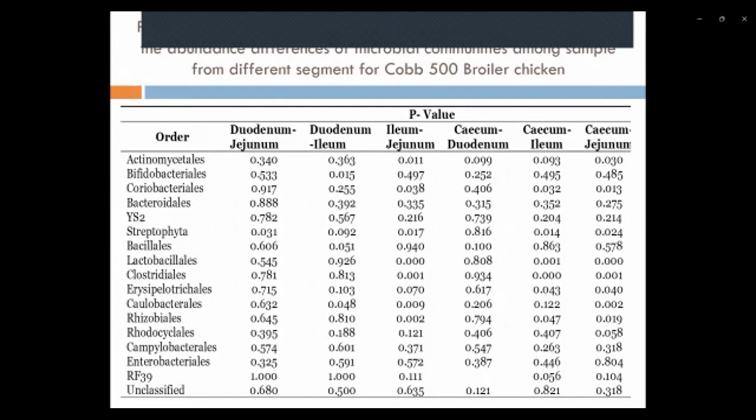The composition of the bacterial microbiota in the duodenum-jejunum, duodenum-ileum, cecum-duodenum, cecum-ileum, and cecum-jejunum differed significantly, implying that each region established its own bacterial community. In the duodenum, jejunum, and ileum libraries, Lactobacillus were the most common 16S rDNA sequences, while Clostridiales were the most common in the cecum libraries.